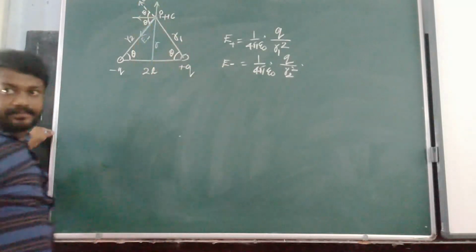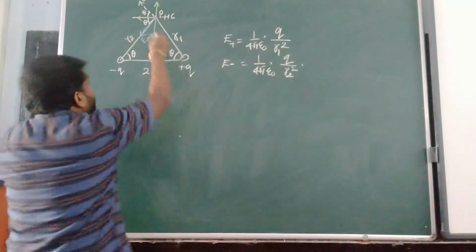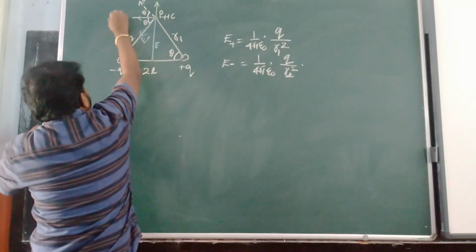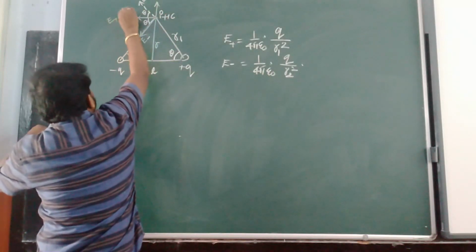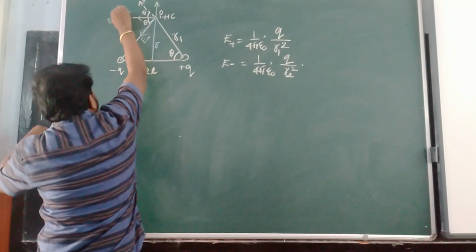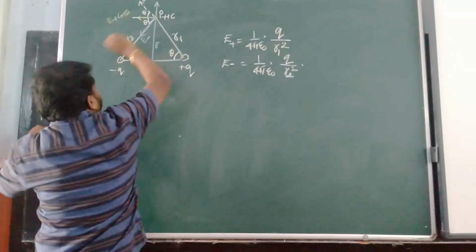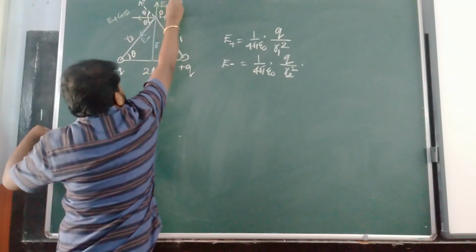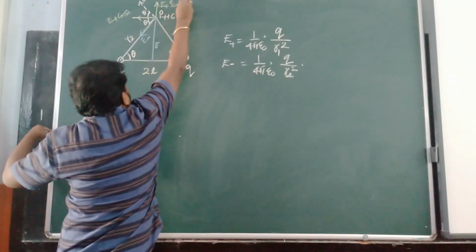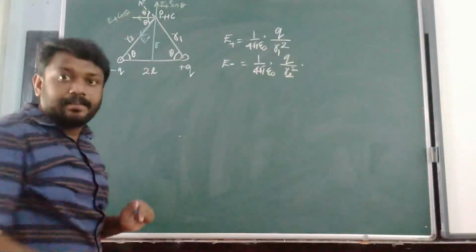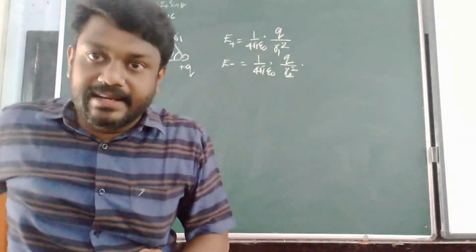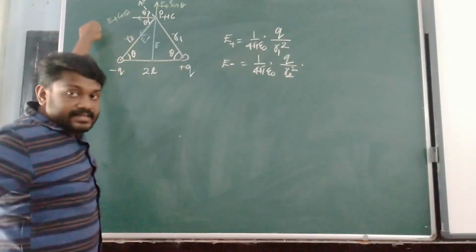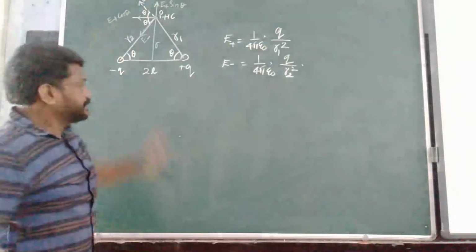See the arrow marks. Since E plus is making an angle theta with the horizontal, the horizontal component becomes E plus cos theta and the vertical component becomes E plus sin theta. That is E plus sin theta vertically upwards and E plus cos theta acting horizontally towards the left.